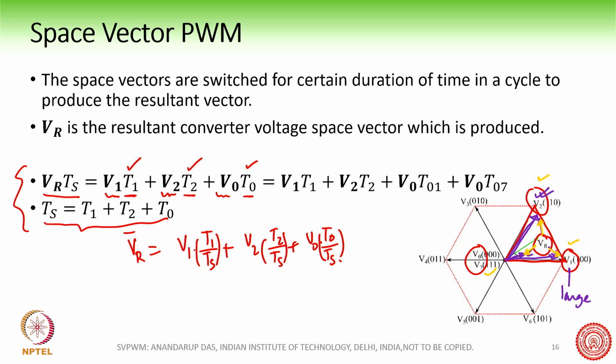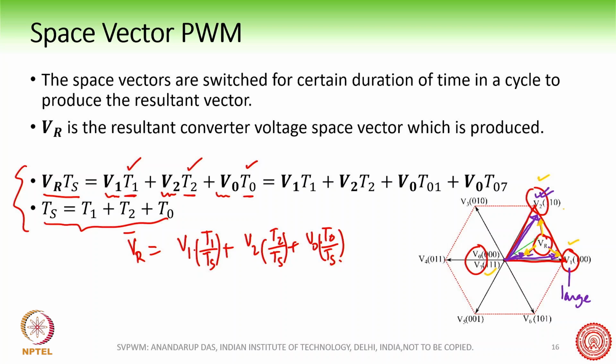It is as if these are three weights on the sides of a triangle, and these weights are basically the duty cycles. So these weights can be adjusted to decide where the resultant vector comes in this triangle, right? And this is given by this formula: VR equals V1 into T1 by Ts plus V2 into T2 by Ts plus V0 into T0 by Ts, right?